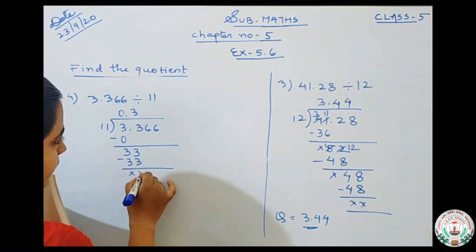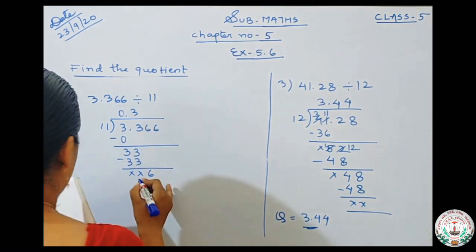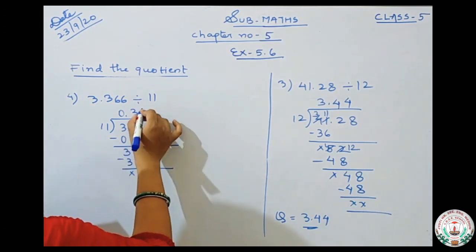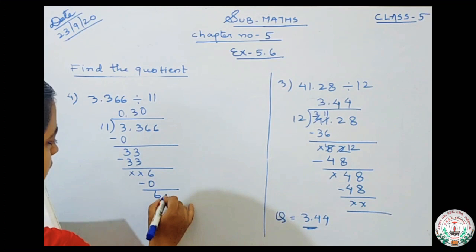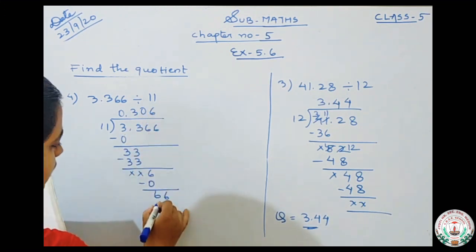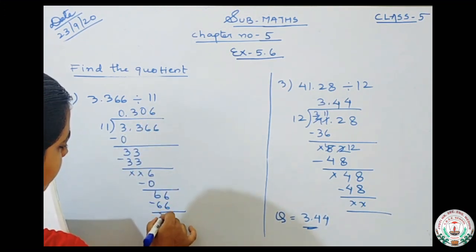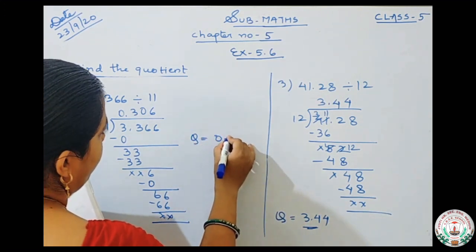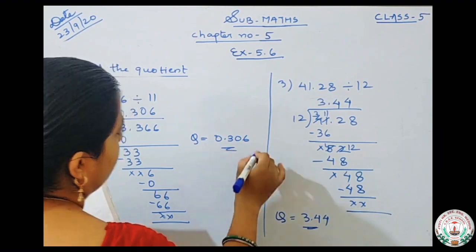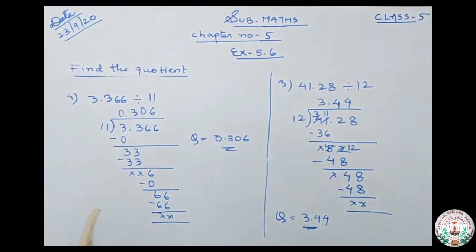Minus it. Then we will note down one number 6. Then 11 zeros are 0 minus 6. Note down next 11 6s are 66. So our answer, quotient, is equal to 0.306.